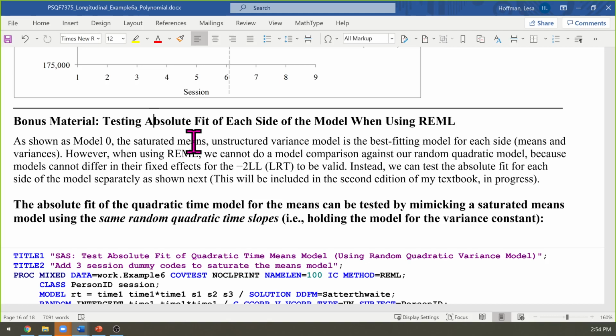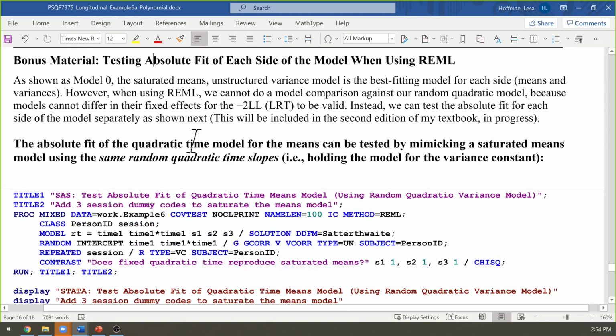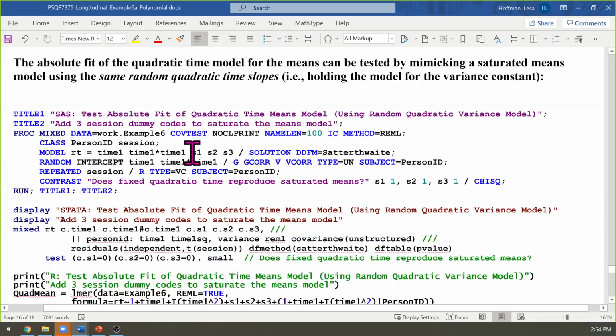So that's what I did. I added in 3 dummy codes. I'm going to do this 2 different ways to demonstrate in this model that it doesn't matter. But I added in an effect of whether or not it's session 1, whether or not it's session 2, and whether or not it's session 3.